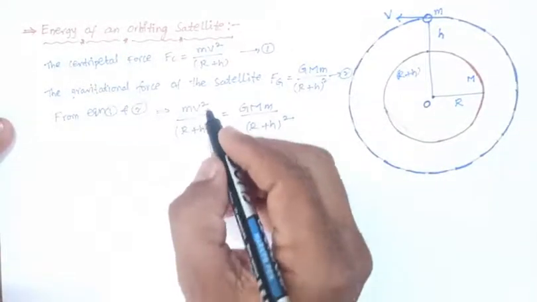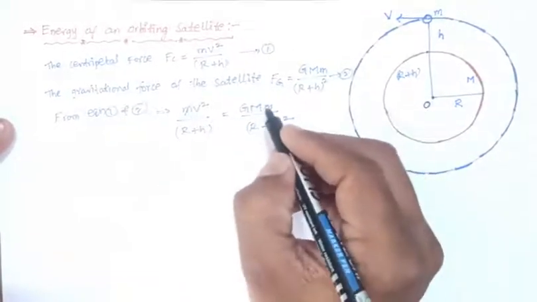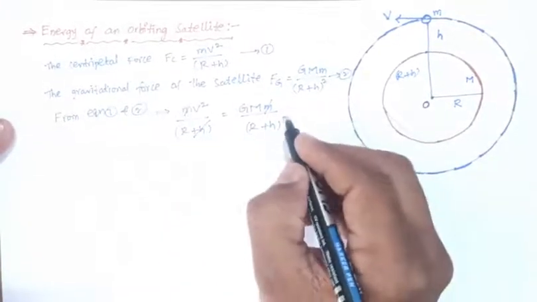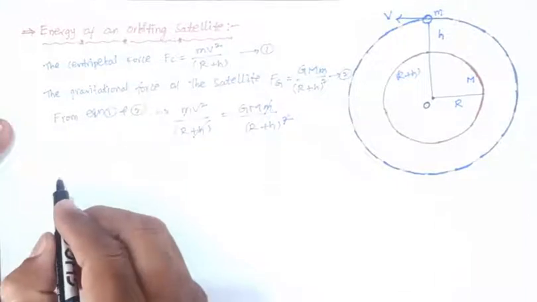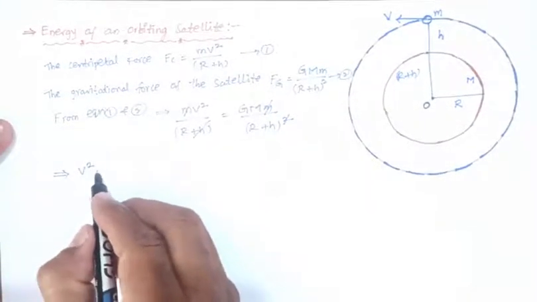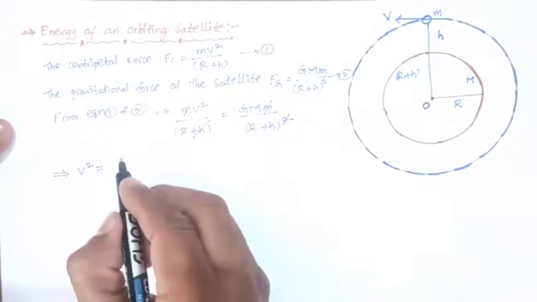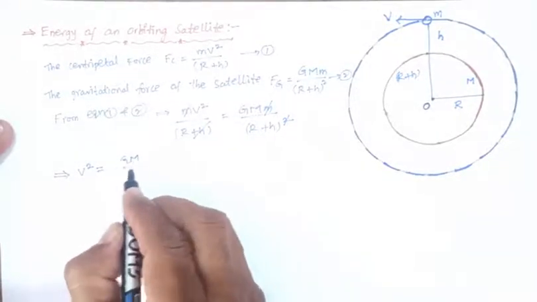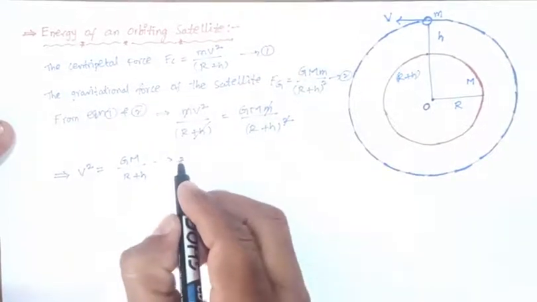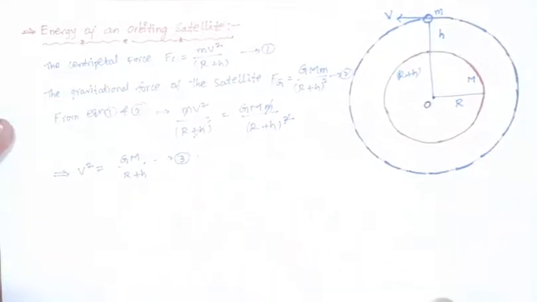Here m gets cancelled, and one R plus h gets cancelled. So from this equation we can write v square equals GM by R plus h. So this is equation number 3.